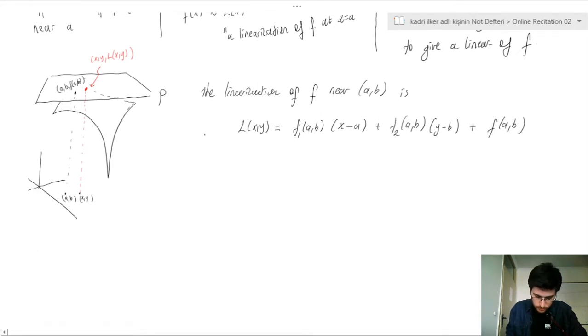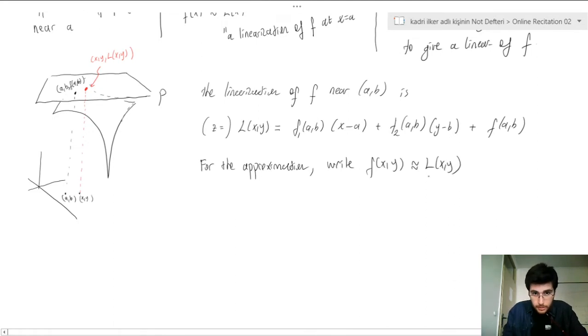If you look carefully, this is just the tangent plane. Then we write this for the approximation. We try to approximate the value of f at some point (x, y) by using the tangent plane at some point (a, b), so we write down a linearization centered at the point (a, b).